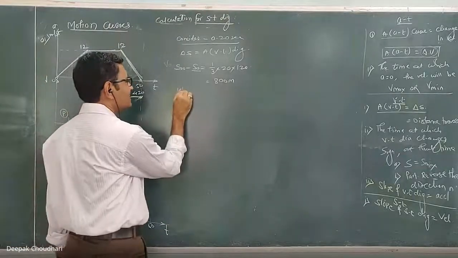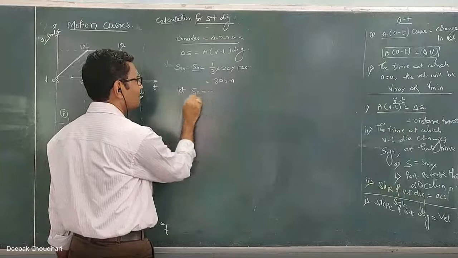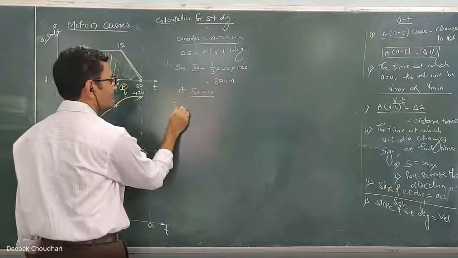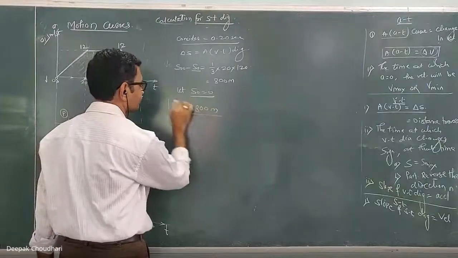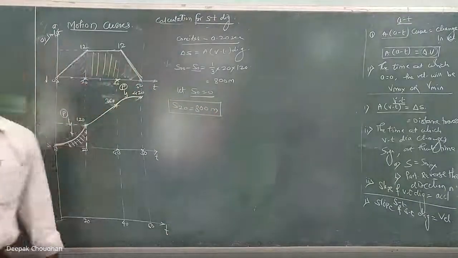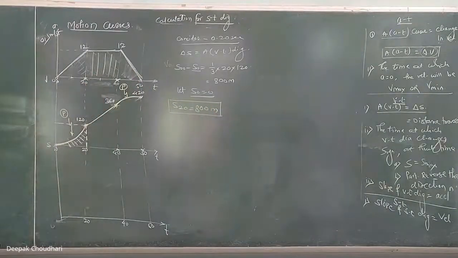So I am considering S0 equal to 0. Substitute in this one, and you will get S20 equal to 800 meter. Understood this? This is the displacement at t equal to 20.